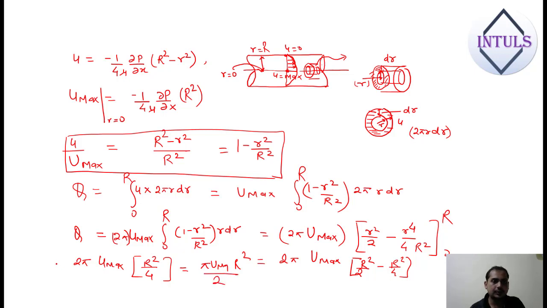This is the Q. So you will get the relation Q is equal to pi u max R square by 2.